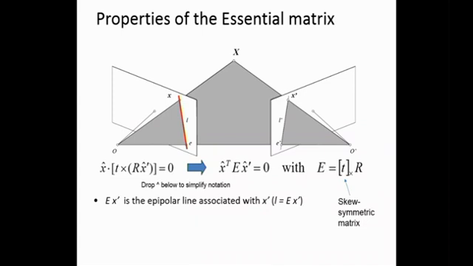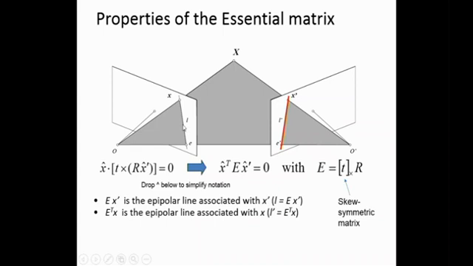So here are some properties of this essential matrix E. And here I'm dropping the hat, so all of these x's are still pre-multiplied by the inverse intrinsic matrices. So E x prime is the epipolar line associated with x prime. If I solve for this matrix E and multiply it by this point x prime, which has been pre-multiplied by K prime inverse, then it gives me this line L. Likewise, E transpose x is the epipolar line associated with x.